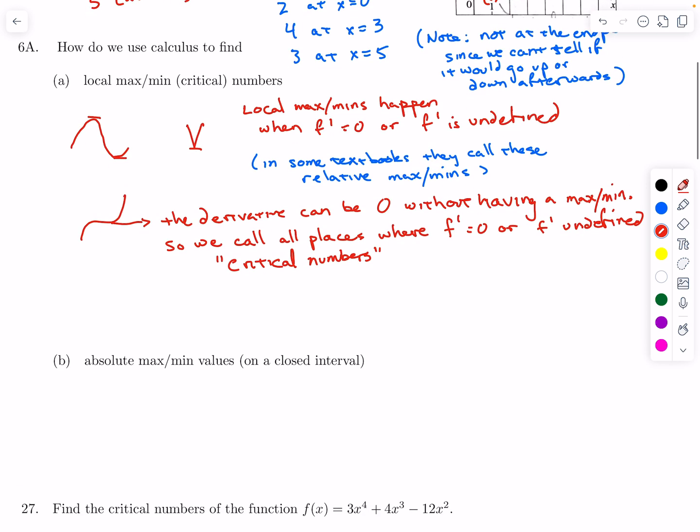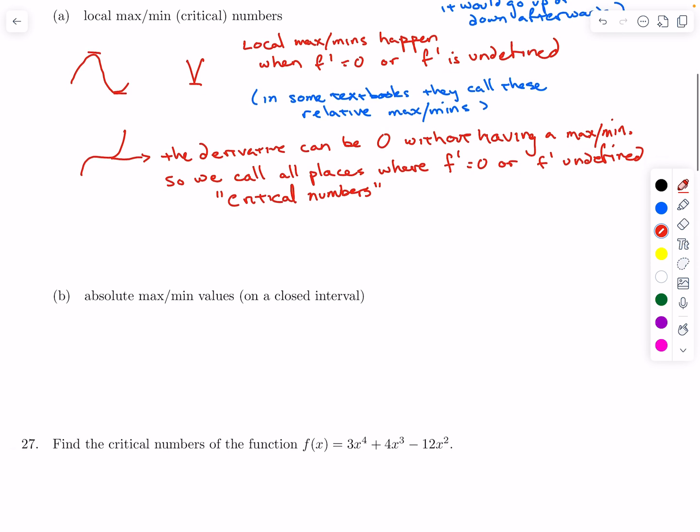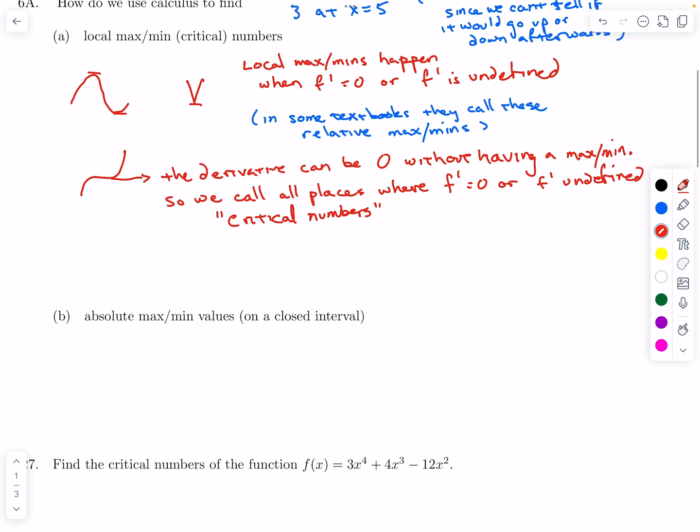Critical numbers if we're just considering the x values, and then critical points if we actually worry about the values, the outputs.